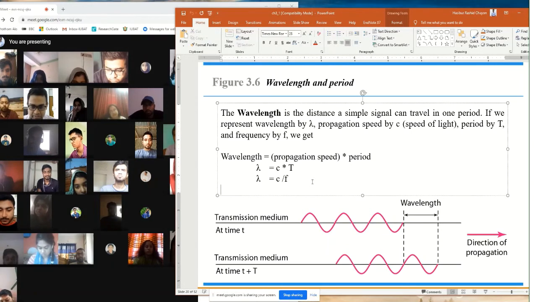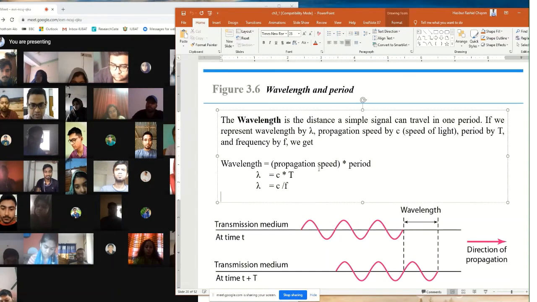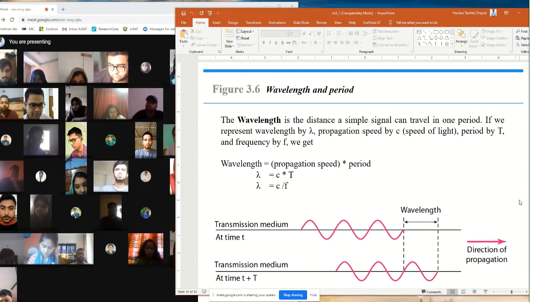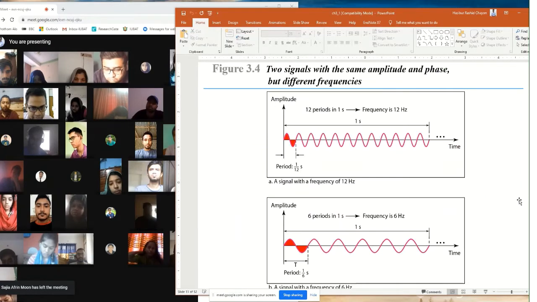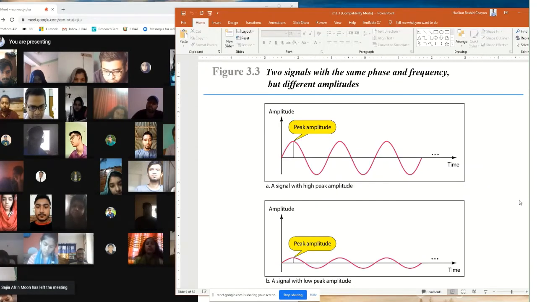Generally, let me ask you, before I explain it, let us consider these two signals.